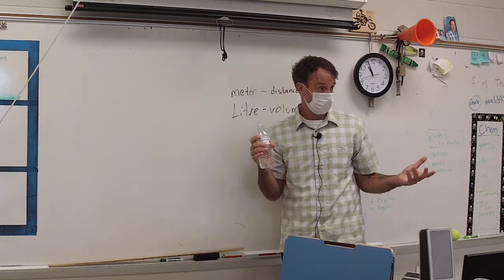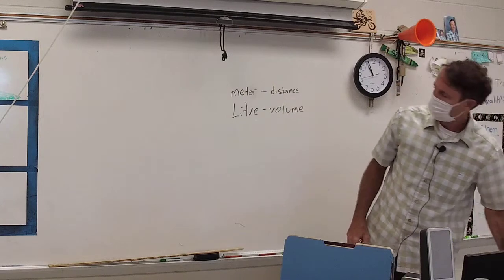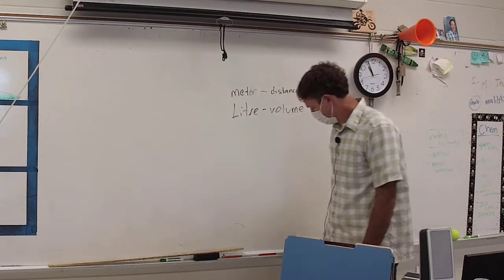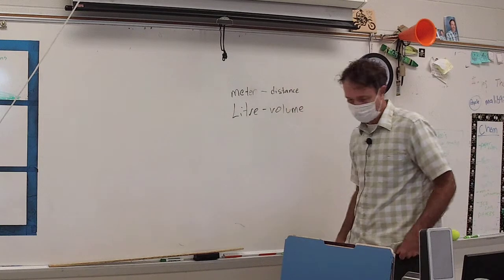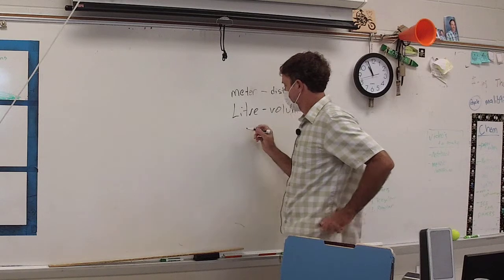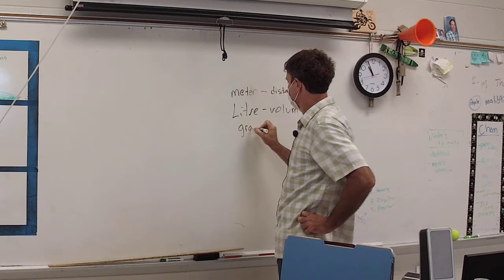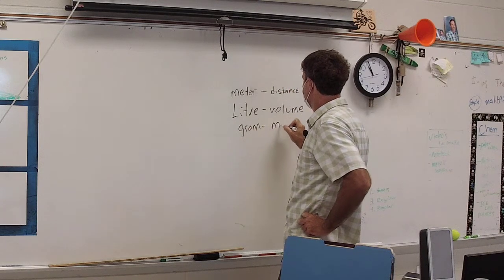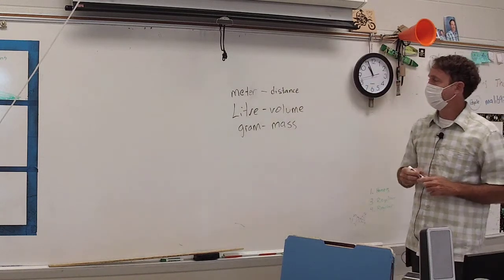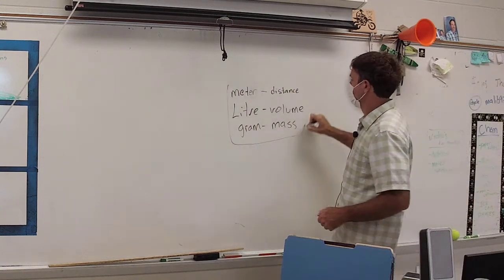Does that make sense? Okay, so meter's a unit of distance. Liter is a measure of volume, of liquid volume. And then the gram is the unit of mass, okay? So the base units, these are your base units, okay?